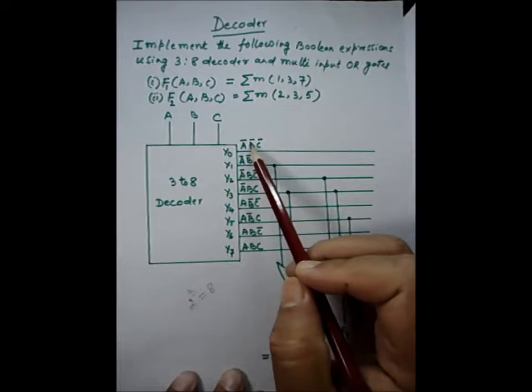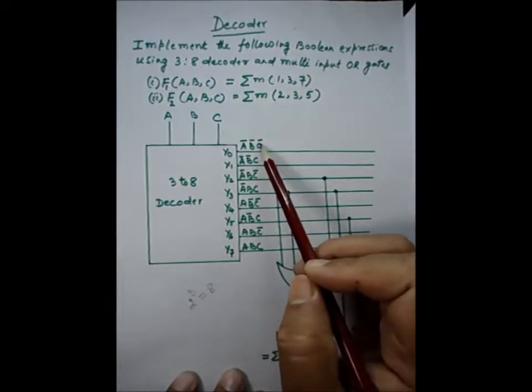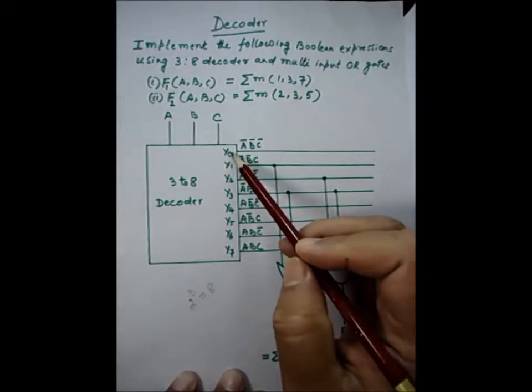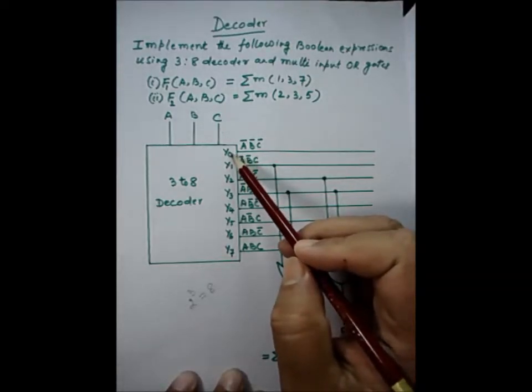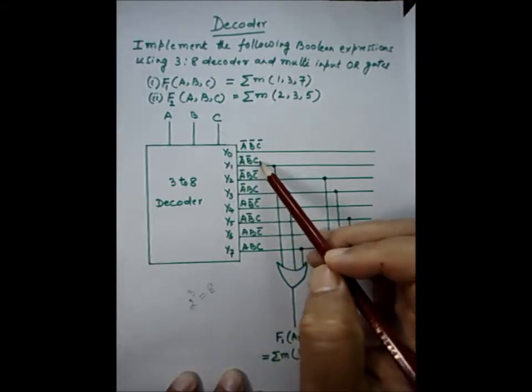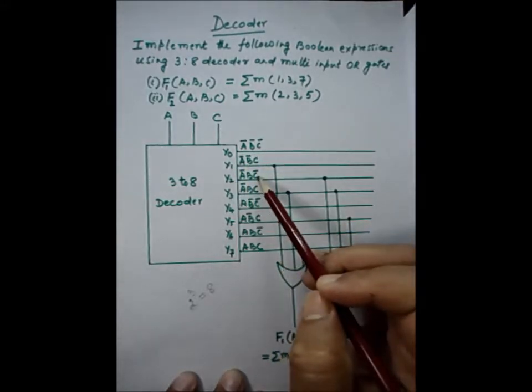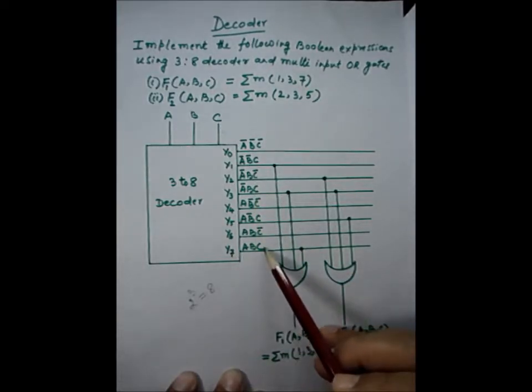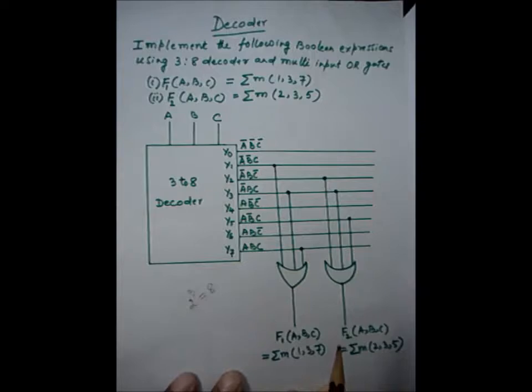And this is the min term, that is M0. In that way, the output of Y0 is nothing but M0, output of Y1 is M1, Y2 is M2, and in this way the output of Y7 is M7, the min terms. Therefore, we can implement in that way.